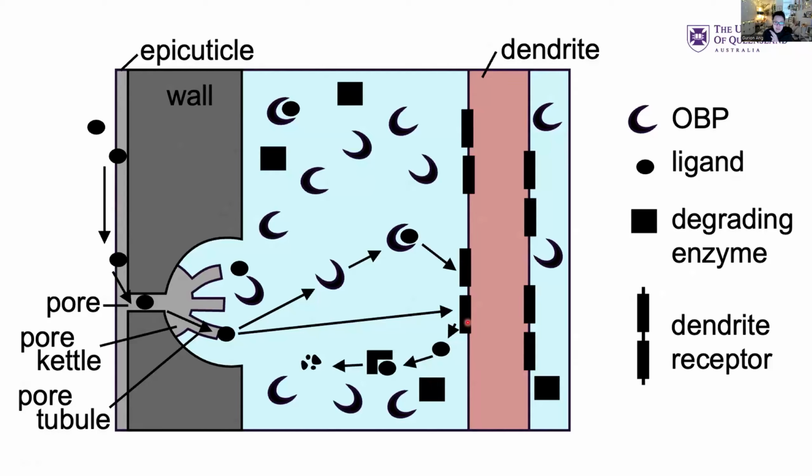So no prolonged stimulation. You've got rapid signal resetting, and then it, as an insect, enhances my ability to detect odor concentrations more sensitively in my environment. So if we integrate all of this functionally together, you've got your ligands, you've got your OBPs, you've got your degrading enzymes, you've got your dendritic receptors.